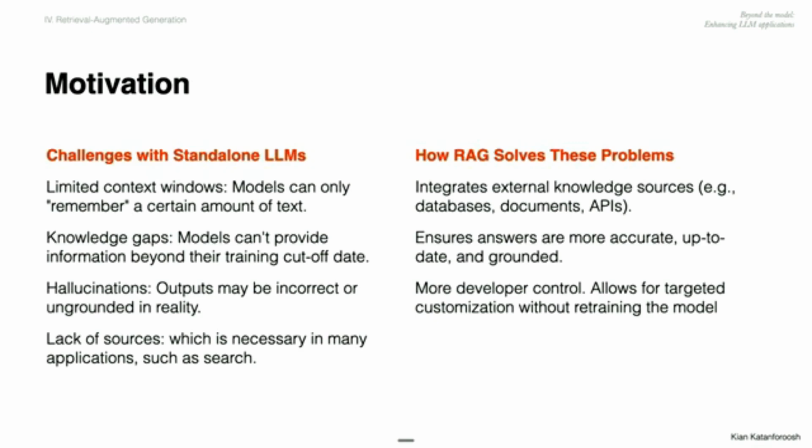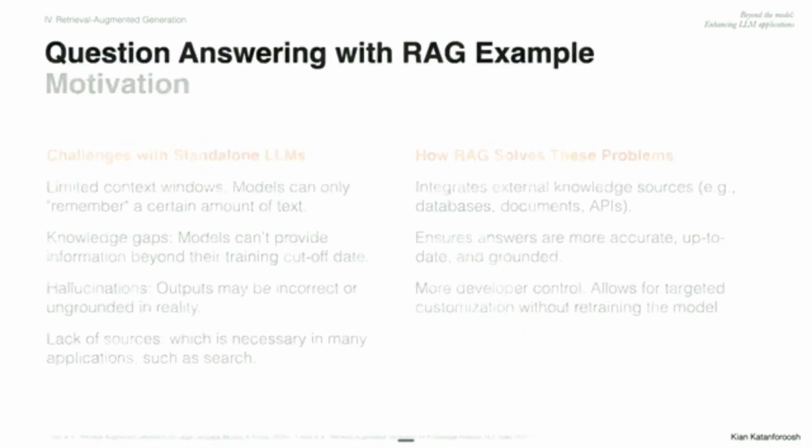And when you query, what is our Q4 performance in sales? Hopefully, there is the last board deck in the drive, and it can read the last board deck. And more developer control. We'll see why RAGs allow for targeted customization without actually requiring the retraining of the model. In fact, you don't touch the model with RAGs. It's really a technique that is put on top of the model.